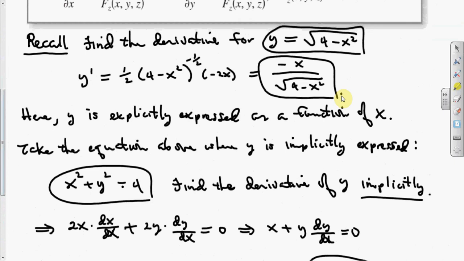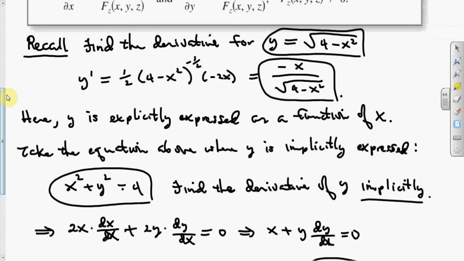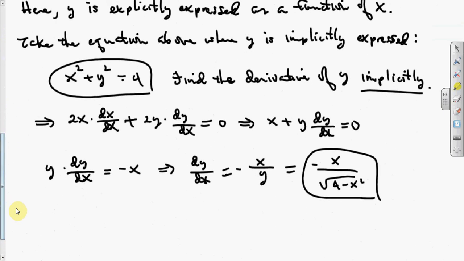So if that be the case, then we find the so-called derivative or partial derivative implicitly. So that's the idea here. What if the function depends on several variables? Well, that's why we talk about, in this section, finding the derivative implicitly, where you have a function that depends on more than one variable. So the argument is this.